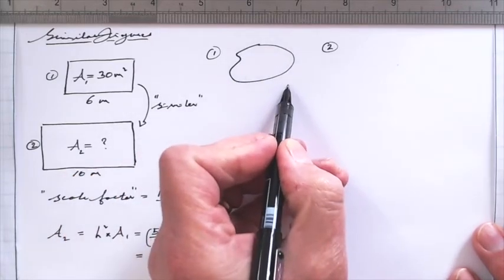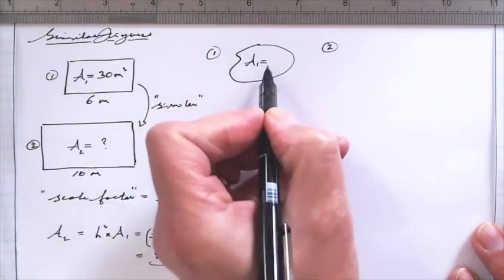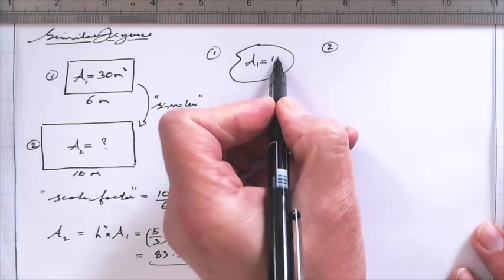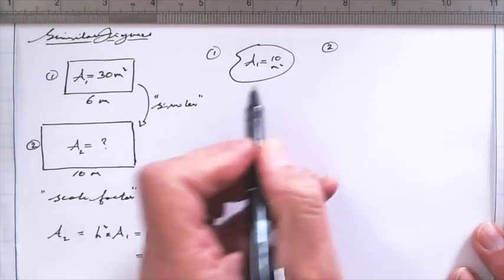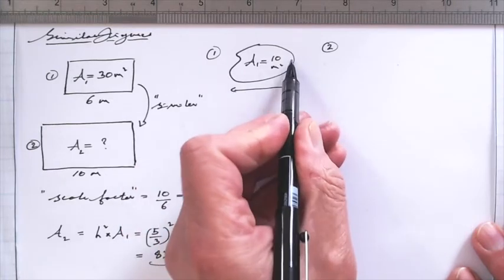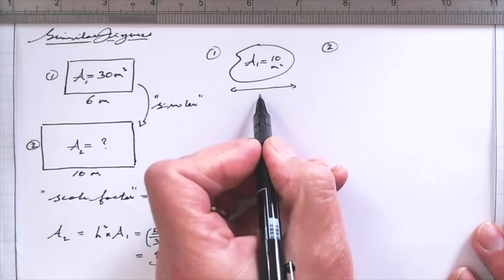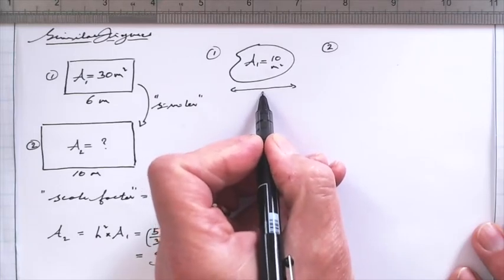And what we're told is the area. So we're told the area of this is 10 square meters. And we're given the linear dimension. We're told the width of this funny shape from here to here is, I don't know, let's say 5 meters.